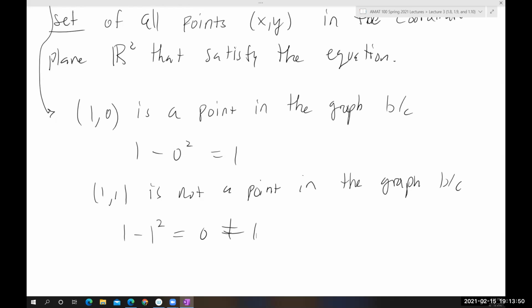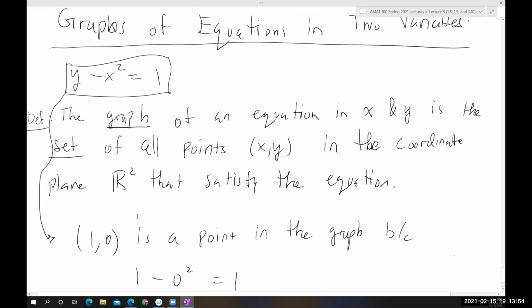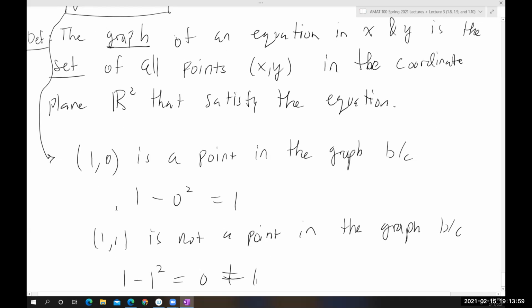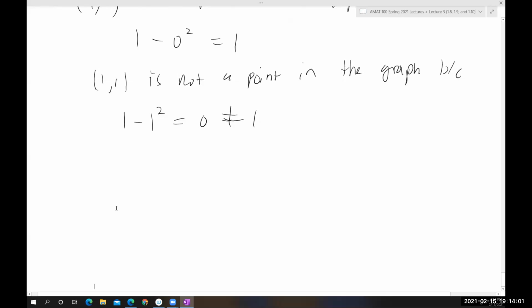So let's write this example down again. The example is this, you can rewrite it as y is equal to x squared plus 1. A point on this graph will be of the form (x, y), but y is equal to x squared plus 1.